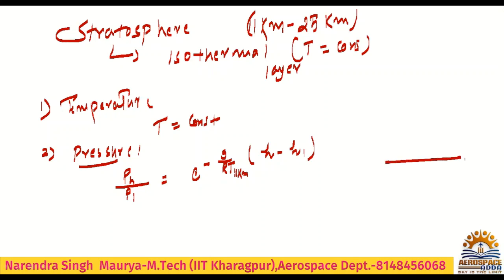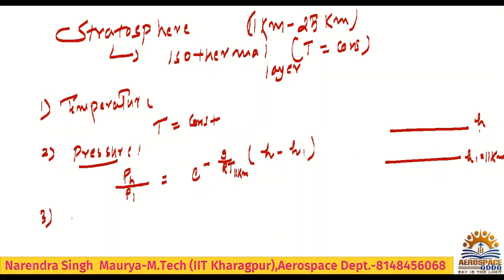I will mention this is h1 and this is h. This h1 is 11 kilometer. Now if you want to calculate pressure at any altitude in the stratosphere, maybe 20 kilometer, 25 kilometer, 13, 15, 17, any altitude, then that value you have to keep. So this is the pressure.